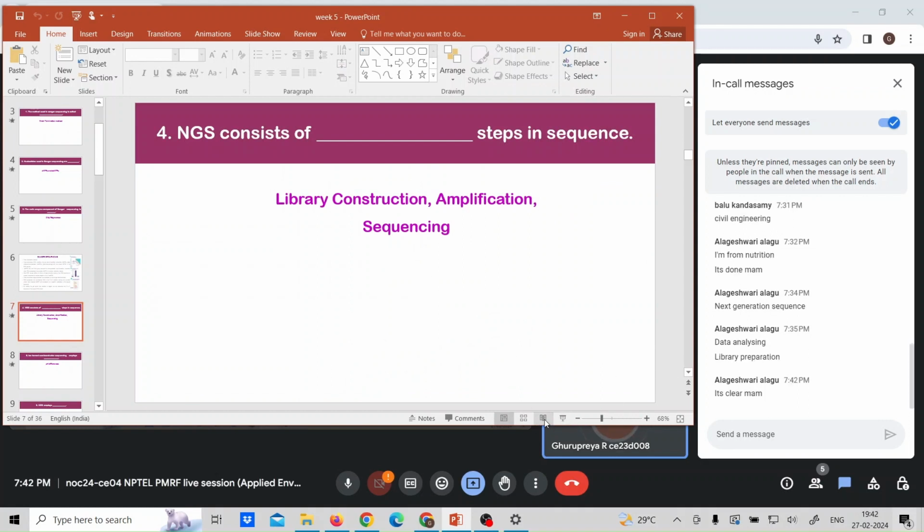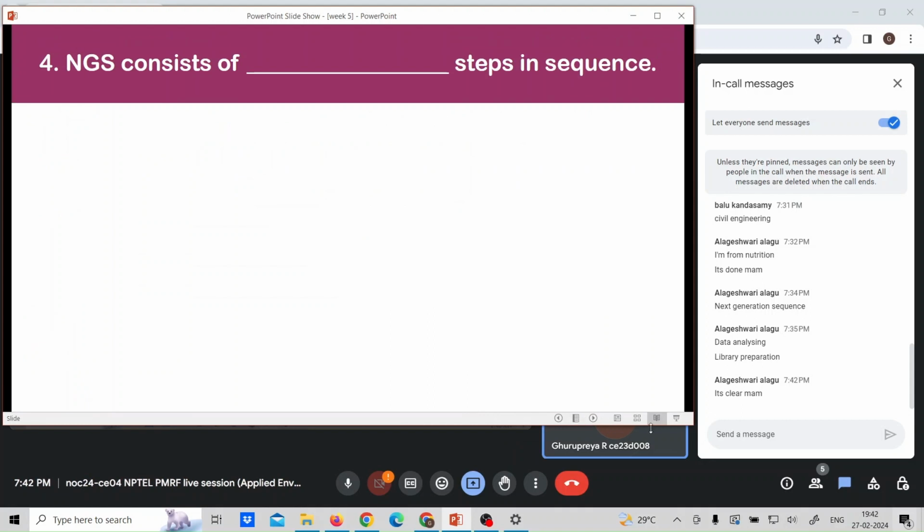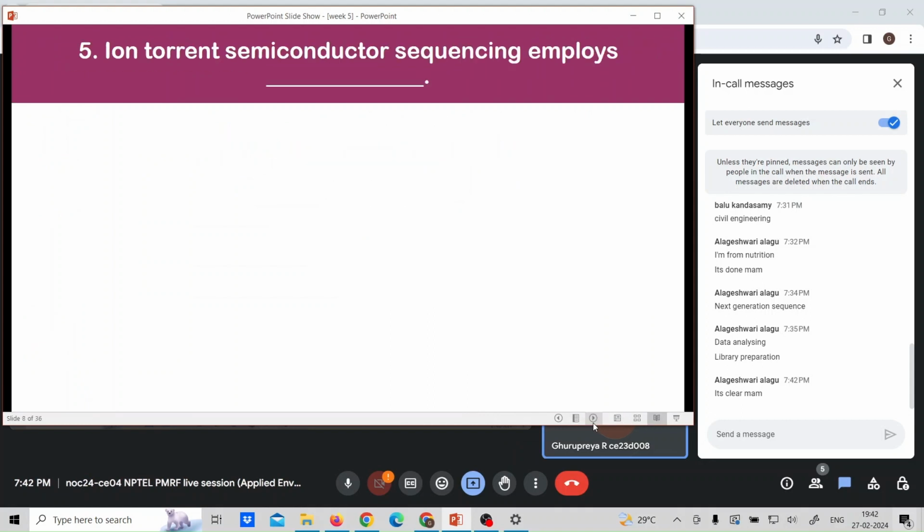Okay, so right. We will see those NGS steps in detail in the future slides.